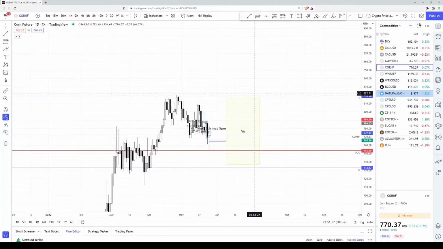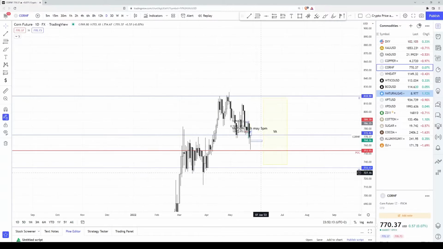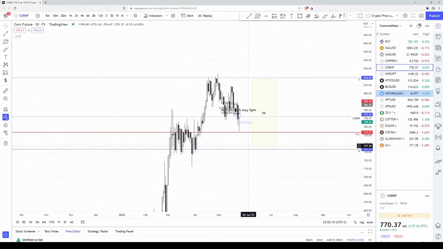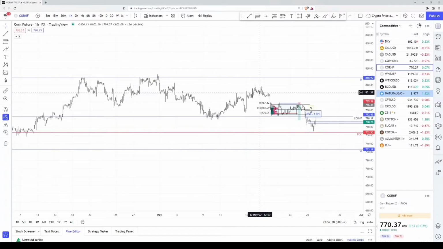And if we look at the value area, I believe that for a swing trade, either around this level could be interesting, given that the macroeconomic events are convenient for a long for corn futures, or ideally I would even look at this place around this weekly level, just at the value area low, to potentially go for a long swing trade.